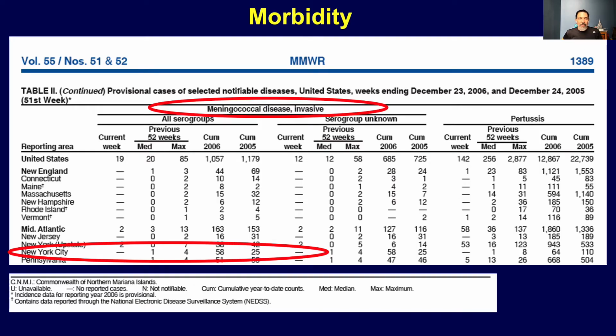So when you look at the national level, for example, in the MMWR, I'm showing here the table that shows reports for meningococcal disease, and showing here New York City specifically, the number of cases that were reported over time. You can think about this as, where do these surveillance data come from? And it really depends on your vantage point. If you were the CDC at the federal level, you would say these surveillance data come from the state health departments. And if you were from the state health departments, you would say that these surveillance data come from county and local health departments.